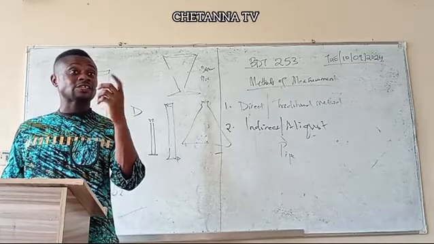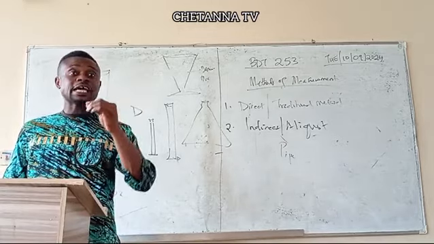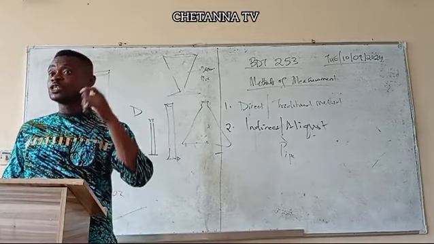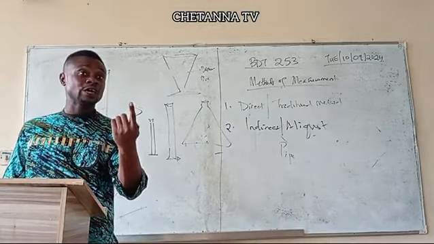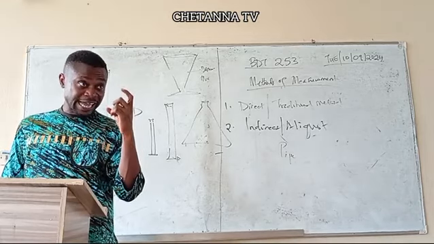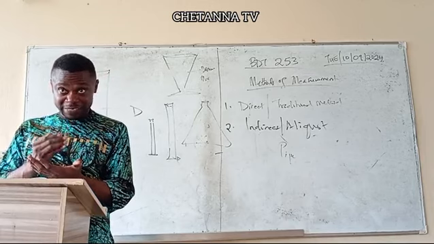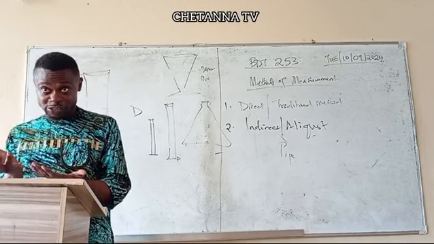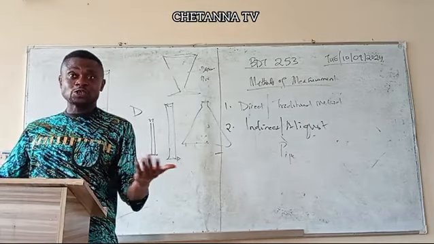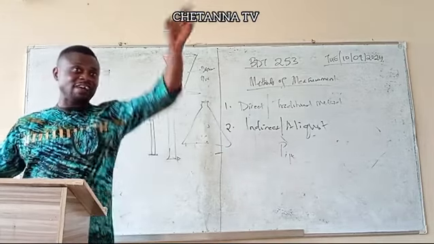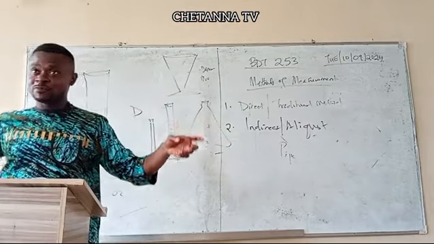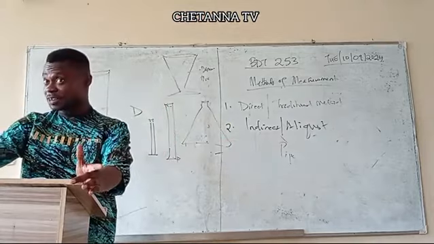Remember what I told you in your first year about whatever measure you want to use to measure a liquid. It should not be less than what you want to measure. If you want to measure 10 mil, you don't go and get a 5 mil measure, then get another 5 mil, that will be a serious error.